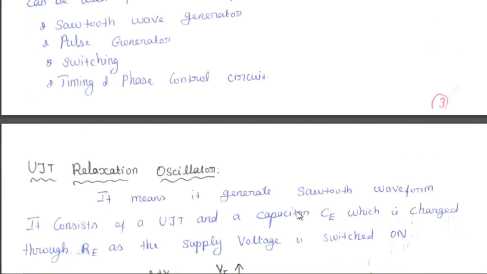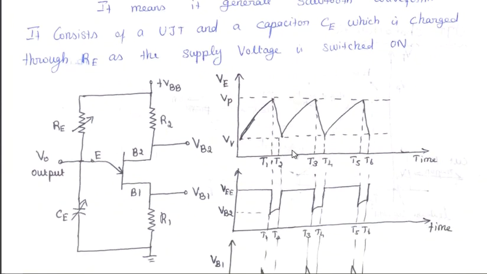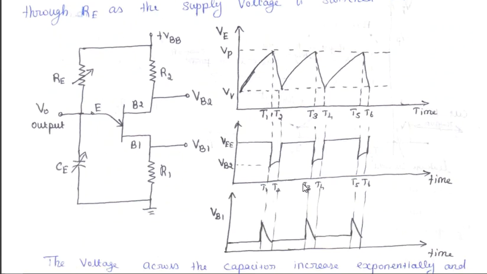Then we are going to discuss the UJT as a relaxation oscillator. In this case, the UJT generates a sawtooth waveform. It consists of a UJT and a capacitor CE, which is charged through RE as the supply voltage is switched on.